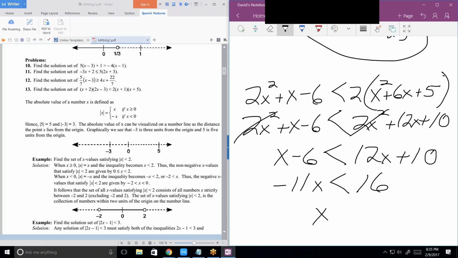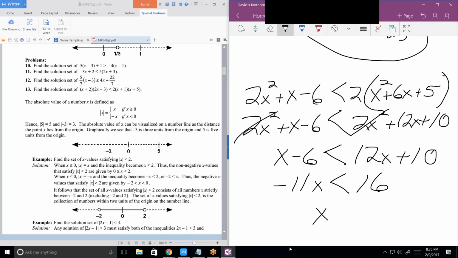Instead of dividing by 11, divide by minus 11. If I divide that by minus 11, it turns into x. That's why I suggested that. It's because you're left with what you want, which is x.